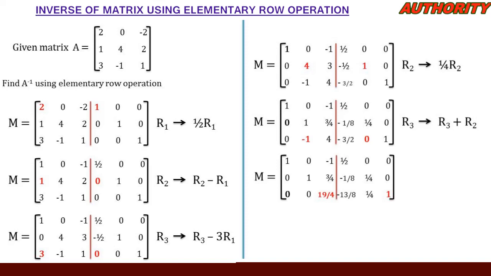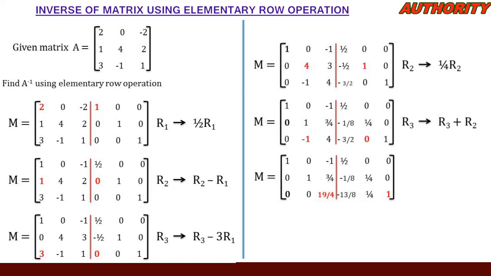Also, the next number in row 3 is 4. So 4 plus 3 all over 4 is going to give you 19 all over 4. Is that clear? Yes.